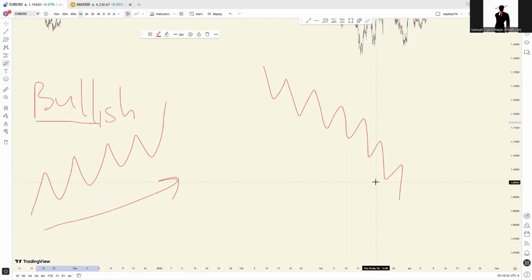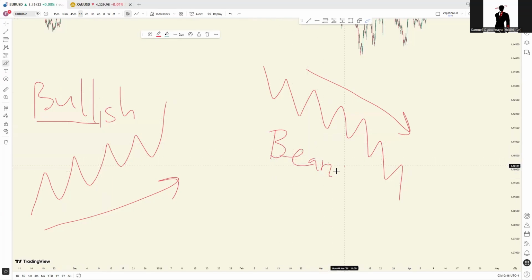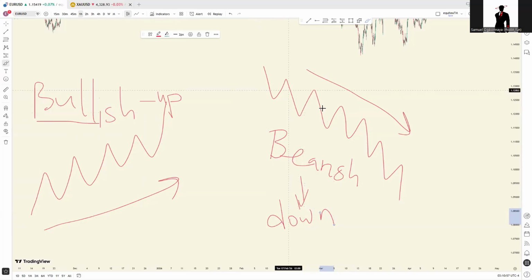When we believe the market will dump or will sell, we call it a bearish market structure. The market that sells, we call it a bearish market structure. It's as simple as that. Bull for up, bear for down. When the market is going down, we say the market is bearish. And when the market is going up, we say it is bullish.